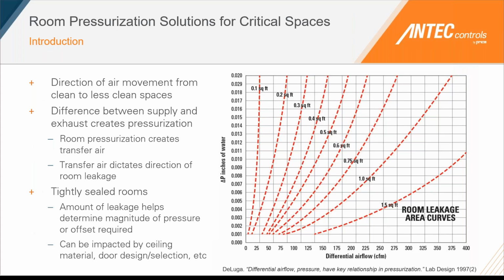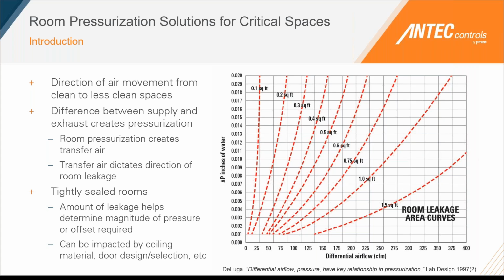The first thing we need to understand before we get into the applications is how we can achieve room pressurization. Essentially, room pressurization is just the direction of airflow movement from a clean space to a less clean space. We're typically going to be designing these spaces and identifying where our hazard is.